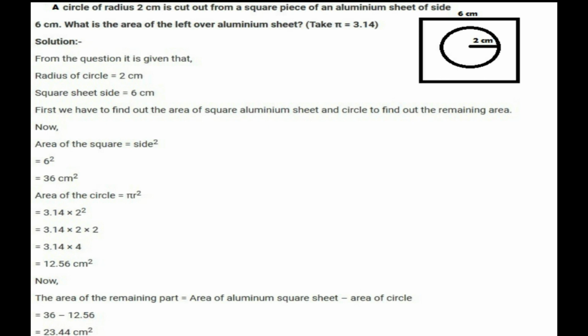So the area of the square is 36 and the area of the circle is 12.56, and if we subtract the area of the circle from the area of the square, we will get whatever area is left over, right? So now at the last we are finding the area which is left over by subtracting the area of the circle from the area of the square sheet.